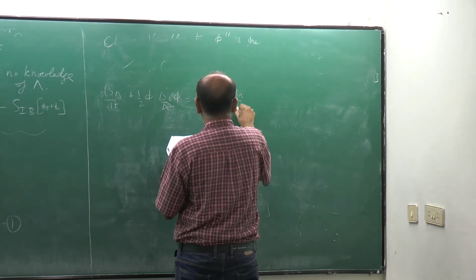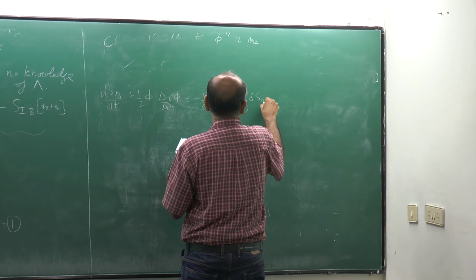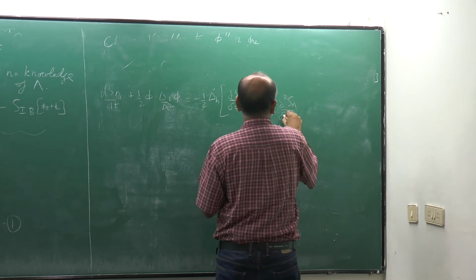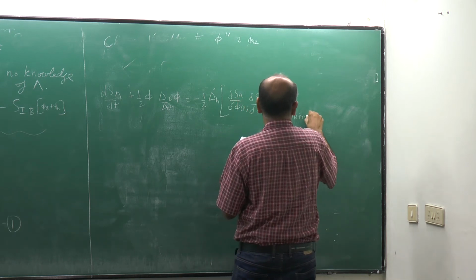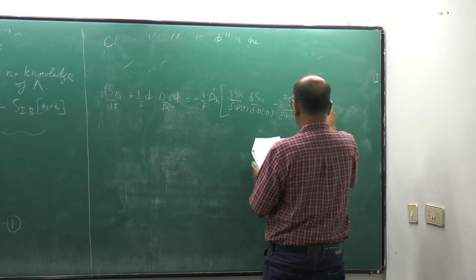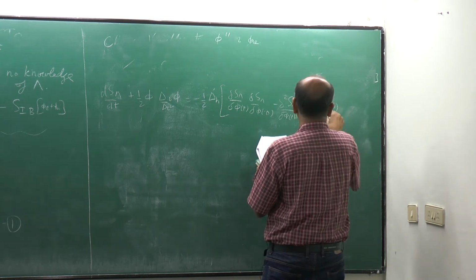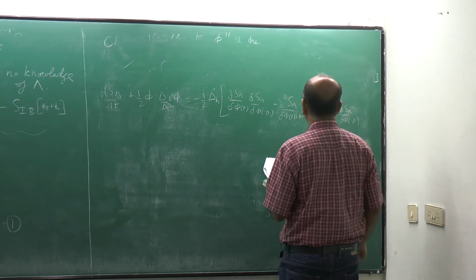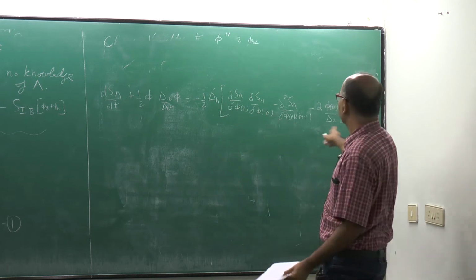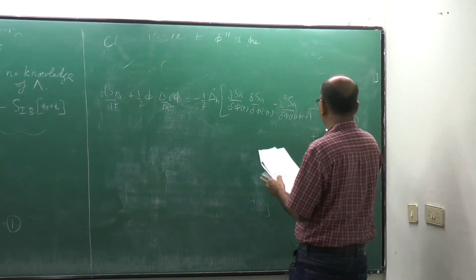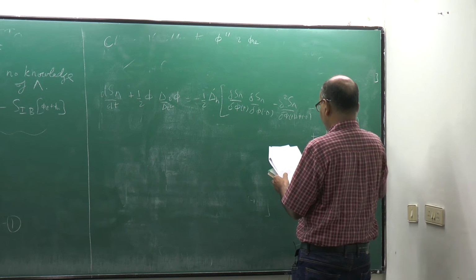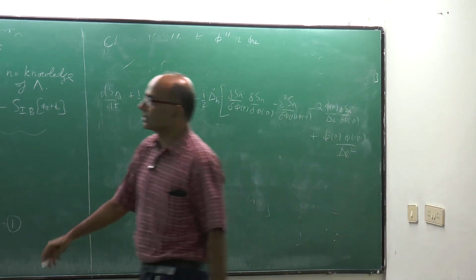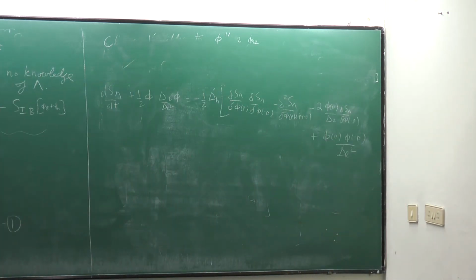I collect the terms involving this first. And then there's a cross term. When you square that first derivative, you get a cross term like this, and a term of the form phi p, phi minus p by delta h squared. That's just squaring this.